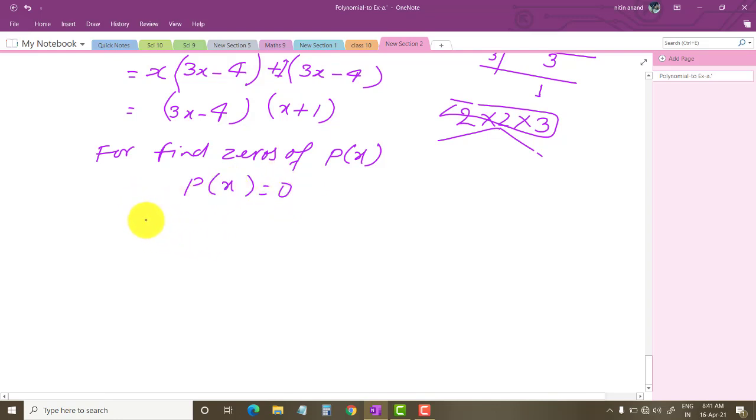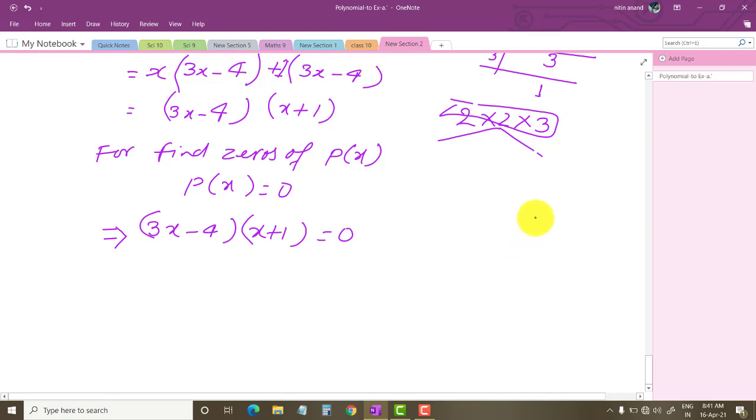Then we break that p(x) as 3x minus 4 times x plus 1, and this becomes 0. Now see, the product of this and this is 0. That means the product of two numbers is 0.